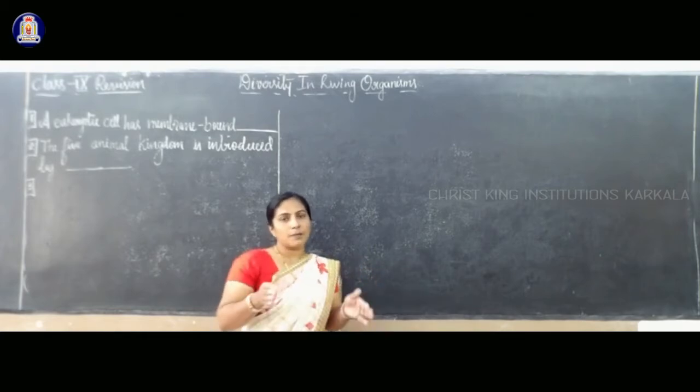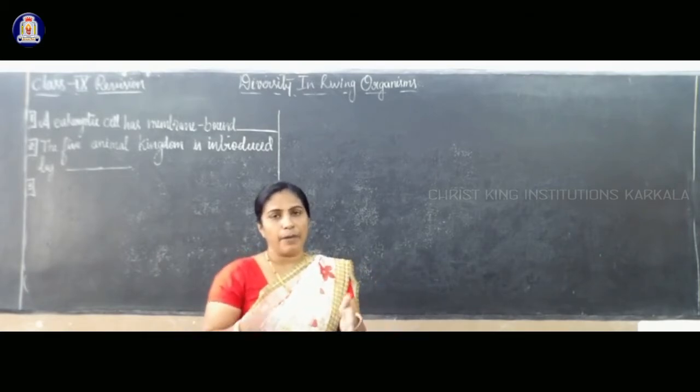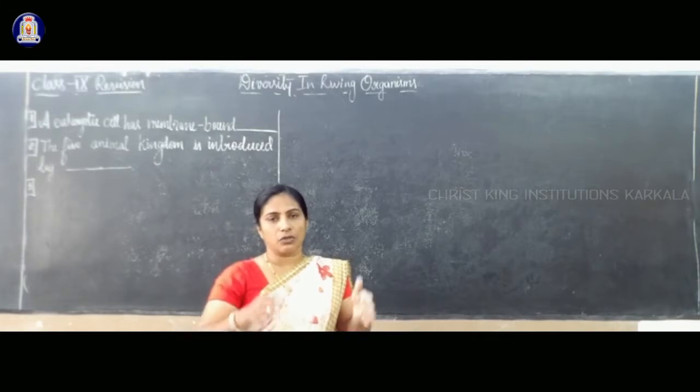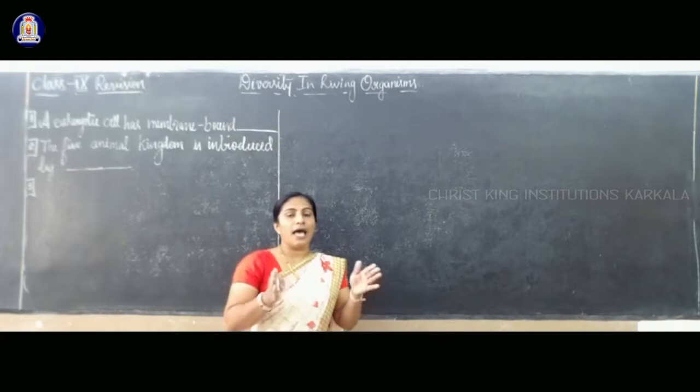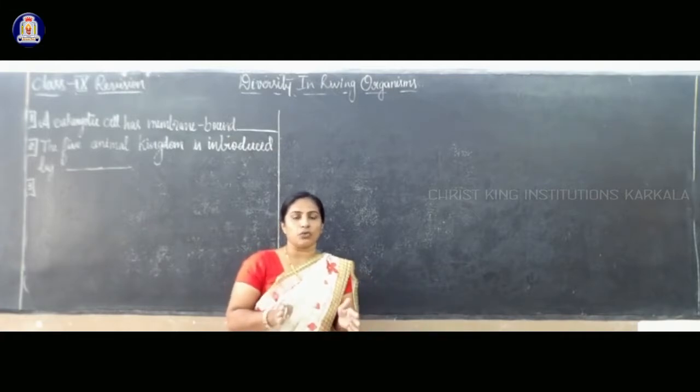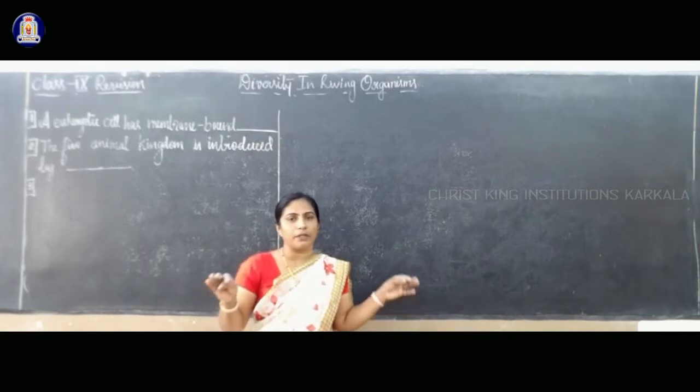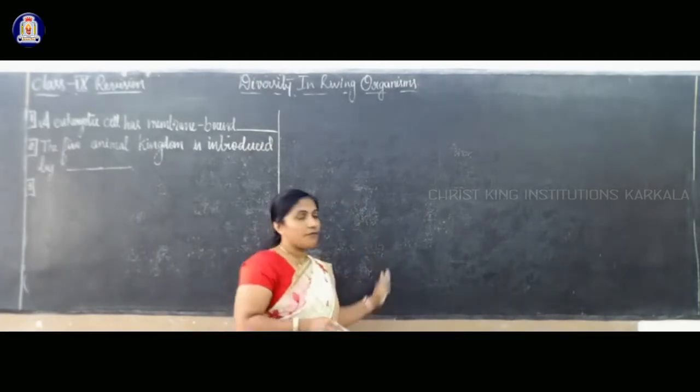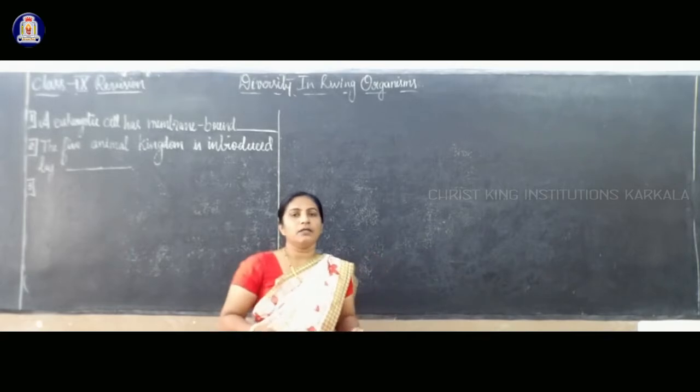Next comes plants, and in plants the divisions are Thallophyta, Bryophyta, Pteridophyta, Gymnosperms and Angiosperms. These are the divisions. While studying, take a sheet of paper or your book, classify all of them together and write their special points.